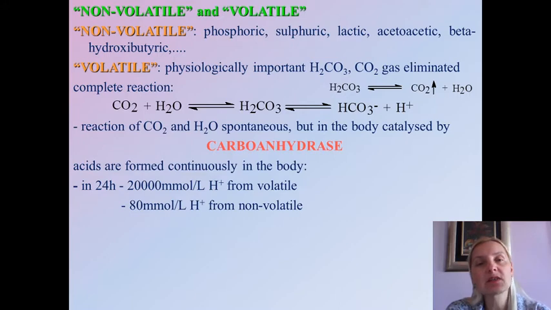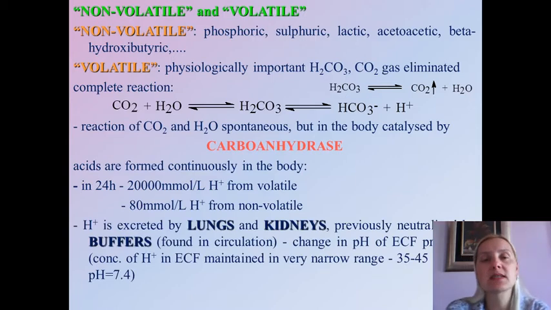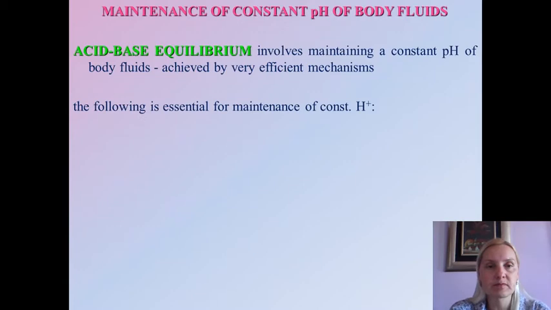Those mechanisms obviously include chemical buffers or physiological buffers, as chemical systems which are used to prevent the change in pH value, but also some organs like lungs and kidneys are involved in such a regulation.